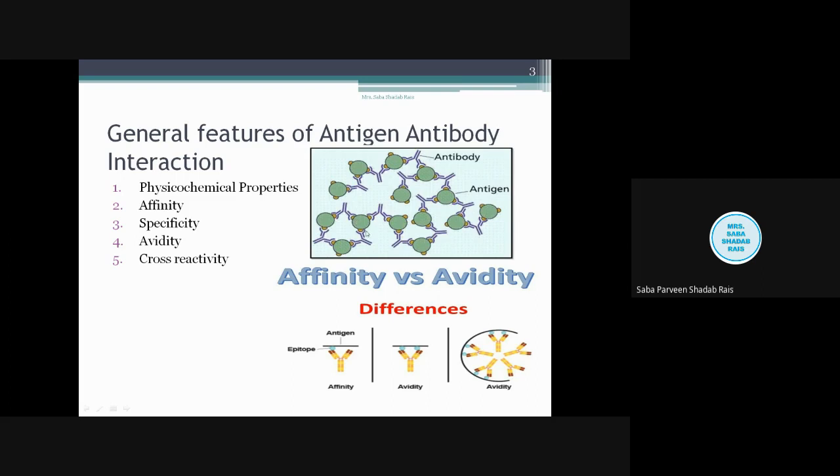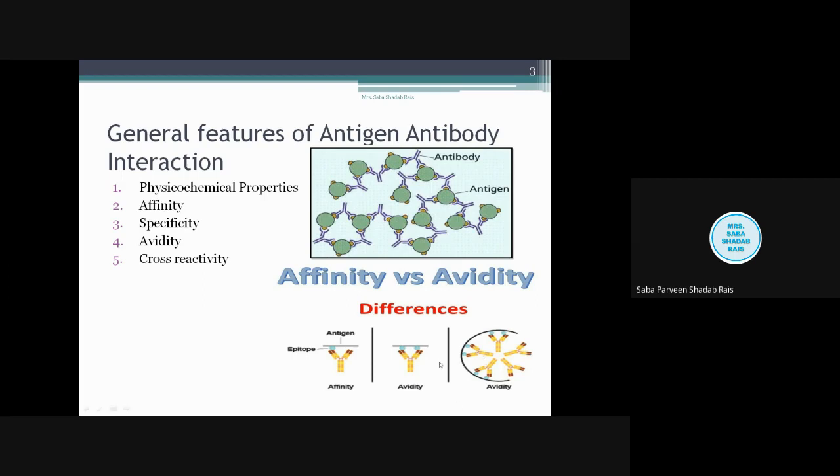So what is the affinity of antigen antibody reaction? Affinity is the attraction of the epitope region towards the antibody. And what is avidity? Avidity means utilization of the maximum paratopic regions of an antibody complex.